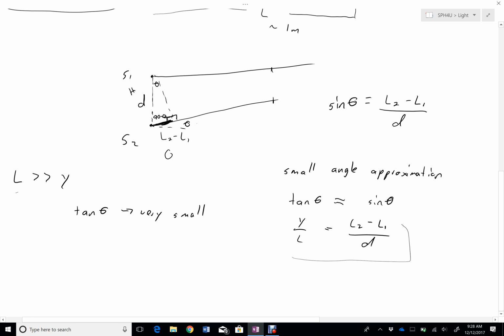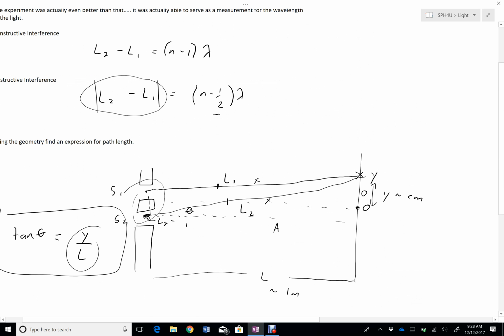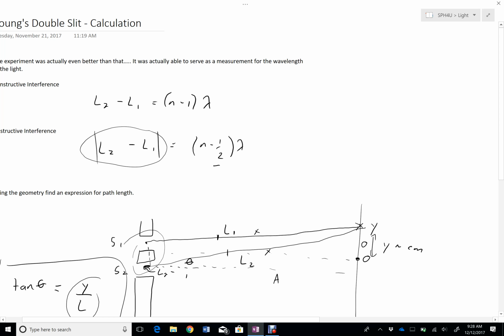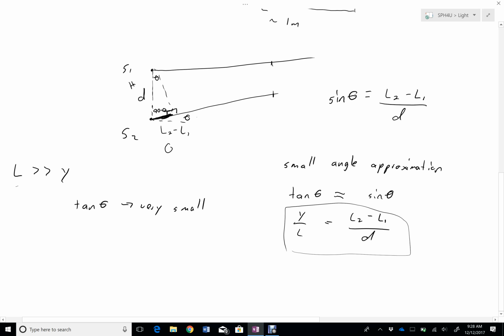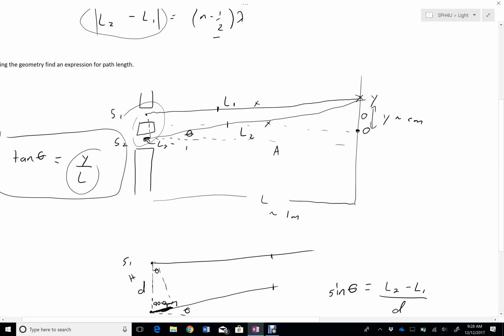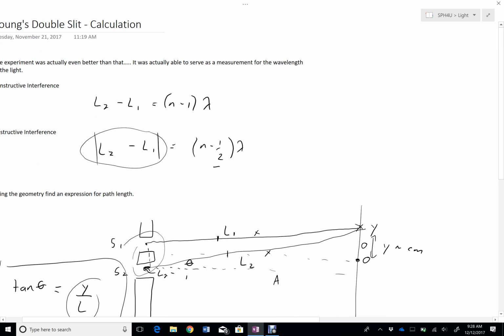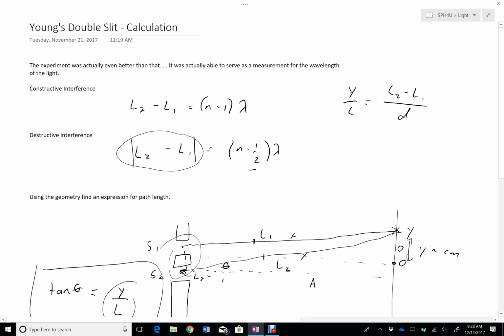Now, if I take that back up to my conditions for constructive and destructive interference, I can come up with what locations for y I expect to see bright spots or dark spots or whatever I want. So let's go and do that. So y over L was equal to L2 minus L1 over D. So let's say I want to find a bright spot.